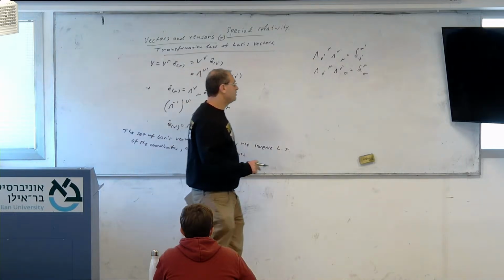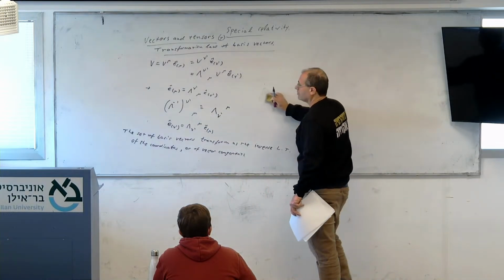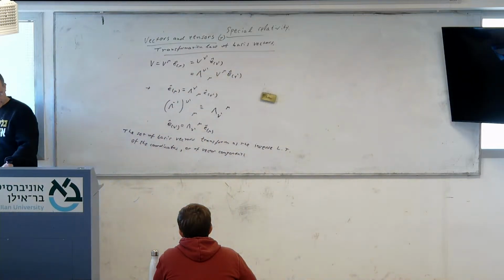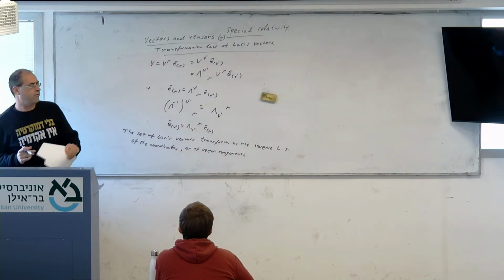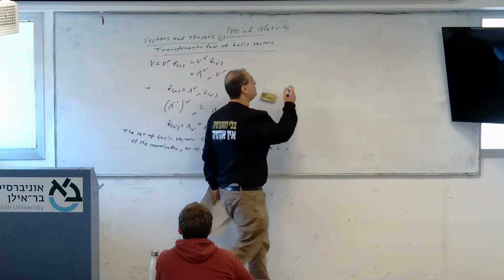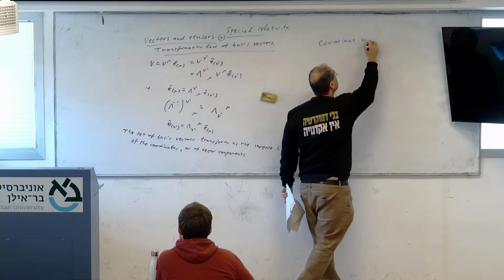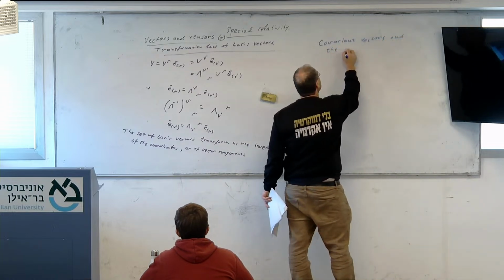You know how we call them? You want to guess how we call them? Pseudo vectors? No, it's not pseudo vectors. These are called covariant vectors. Covariant vectors. And the dual space.